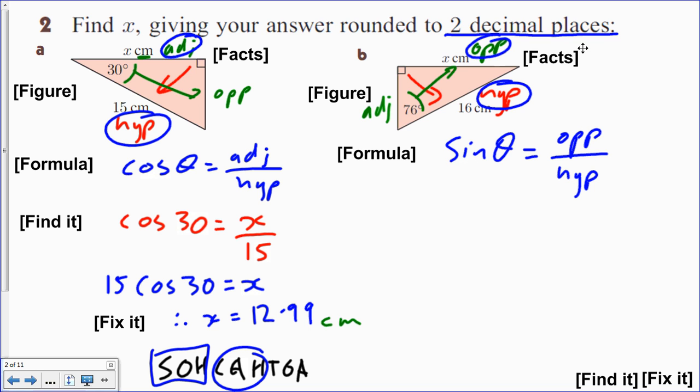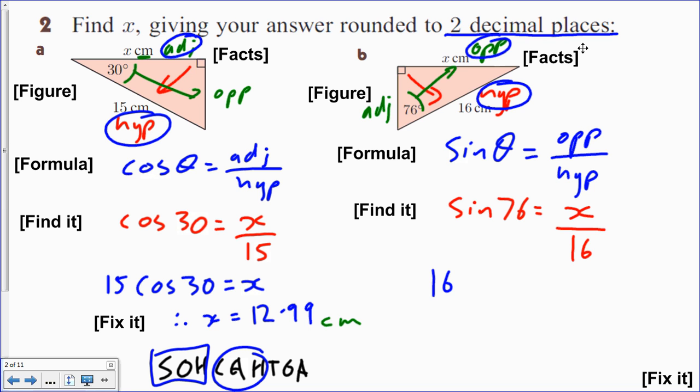Again, we start our find it process. So we're going to have sine, and the angle there is 76, equals opposite, which happens to be x, over 16. Then we continue on our find it process. Dividing by 16 is timesing, so 16 sine 76 equals x. So therefore, x is going to be equal to, and again we grab our calculator.